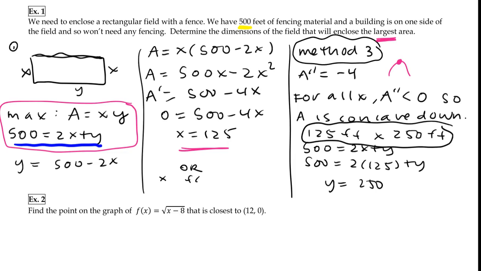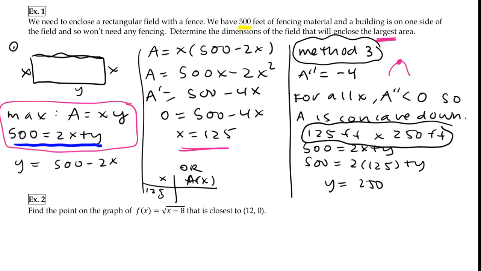Your endpoints would have been, oh, not f, wasn't it A? Yeah, A of x. You would have had to test 125. You would have had to test the endpoints. So what is the smallest x can be? And these endpoints really don't make sense. It's kind of weird. Couldn't x be 0? So if you take 500 feet of fencing and put it all right here, you have no x's, right?